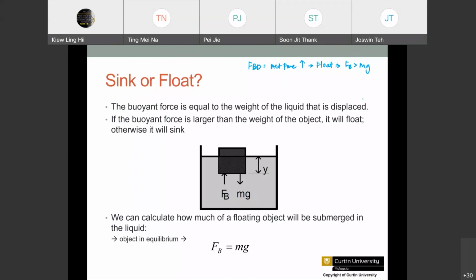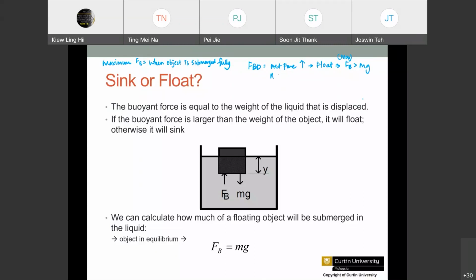When I say maximum buoyant force, it means when the object is submerged fully down into the water. So when the maximum buoyant force is larger than the weight of the object, the net force will act upwards, causing the object to float.